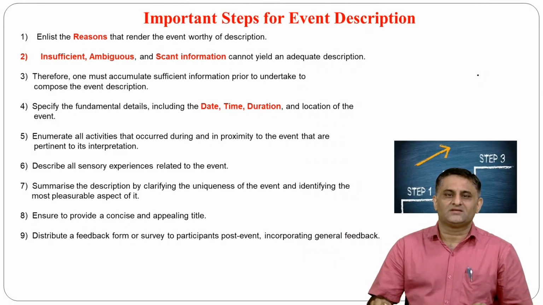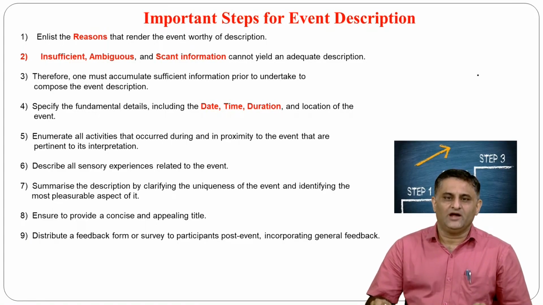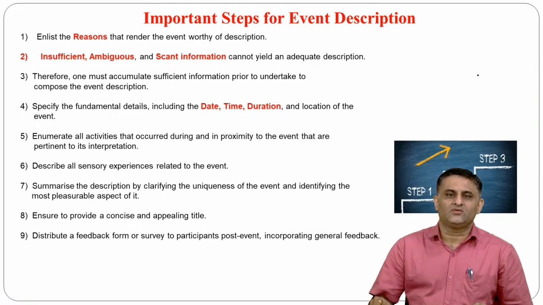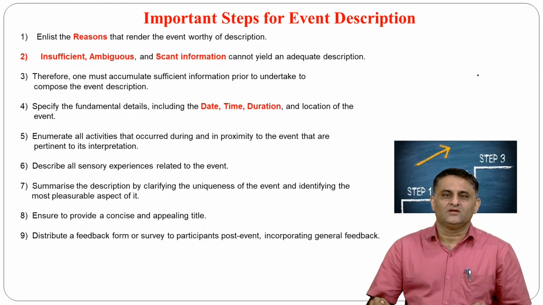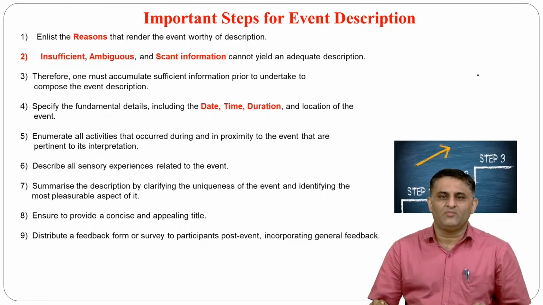Additionally, using a concise and engaging title makes the description more appealing. Finally, gathering participant feedback through surveys or forms helps improve future events. So, dear students, you can do one thing: by asking for a feedback form after the completion of the particular event, we can easily improve the event description also.